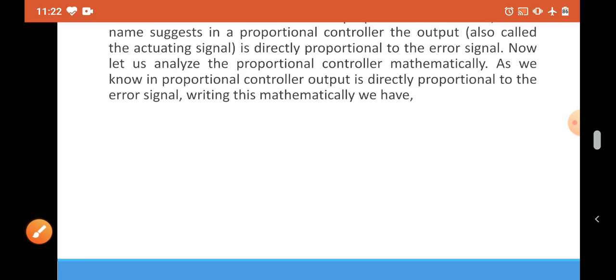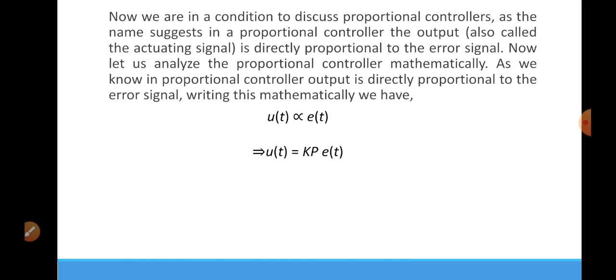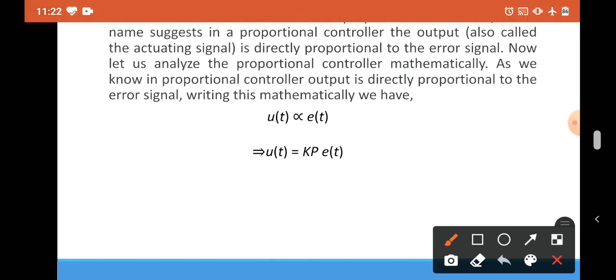Now the error signal is directly responsible for the value of your actuating signal. As we know, the proportional controller output is directly proportional to the error signal. It can be written in mathematical form as below. u(t) is your output signal, and it is in proportion to the input signal, that is your error signal.